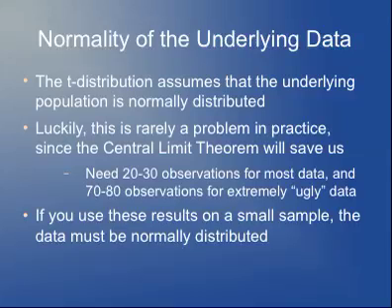If your data set is reasonably well behaved, 20 to 30 observations, you should be fine. If your data is really badly skewed with lots of outliers, you might need more like 70 or 80. In practice, very rarely do people even bother to test this assumption of normality. They just run the t-test and assume everything's fine, and the vast majority of the time it is fine.